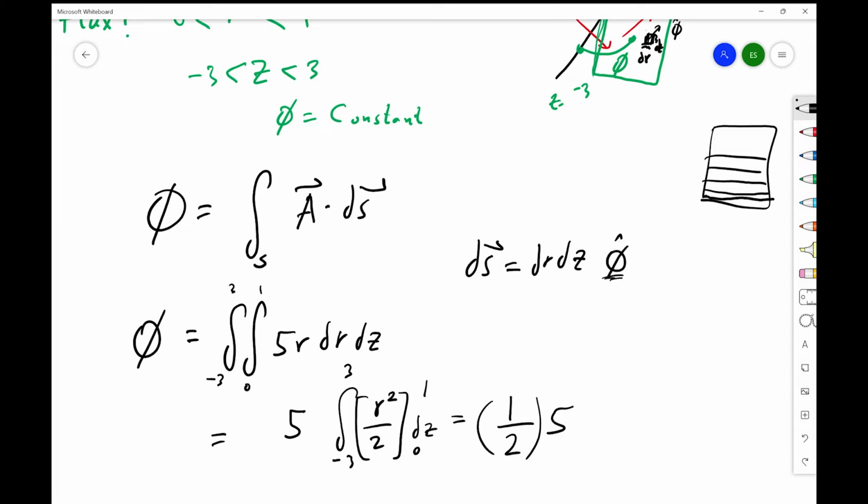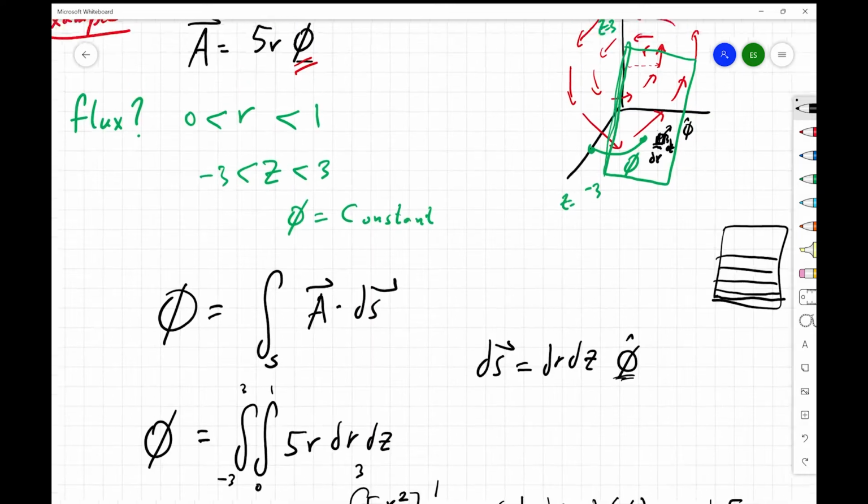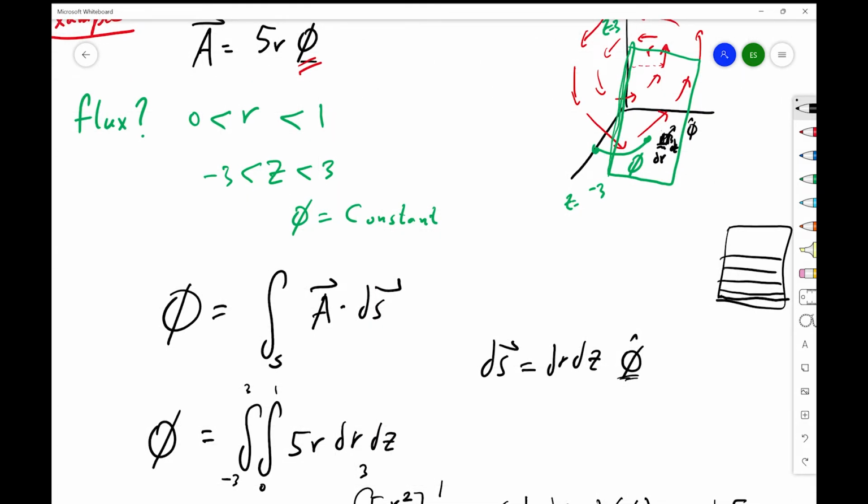That's just z evaluated at 3 minus -3, so that's 6. So this is multiplied by 6. So essentially, it's going to be 5 times 3, which is 15. So this would be the flux along this surface.